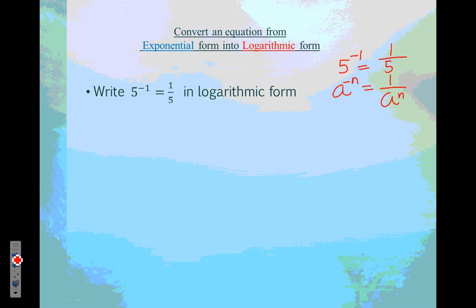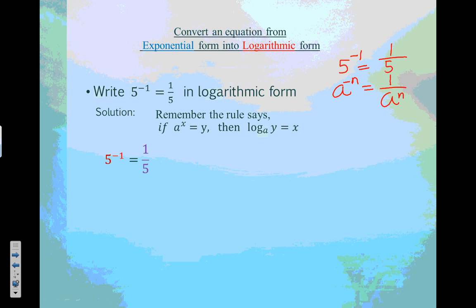So how do we convert this into logarithmic form? Go back to the formula, which says if a to the x equal to y, then log base a of y equal to x. Our a, as you see, is the 5. Our y is the 1/5, and our x is the -1.